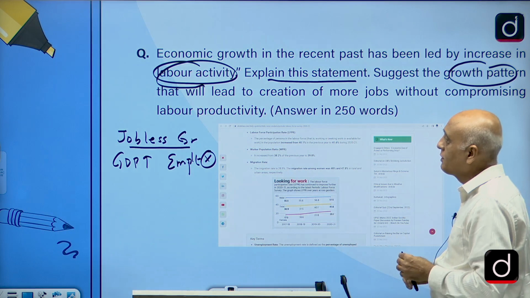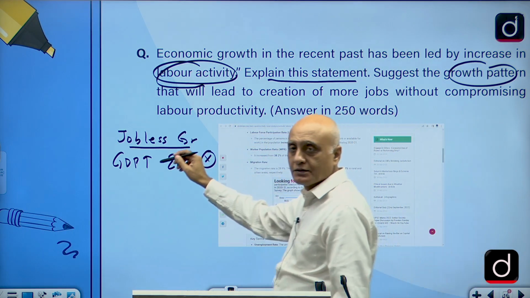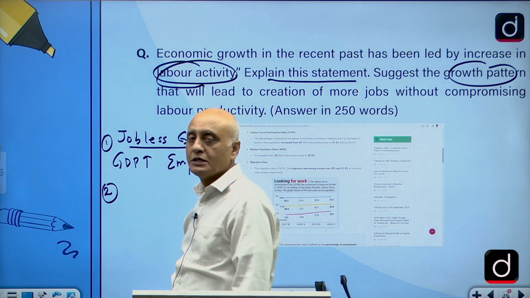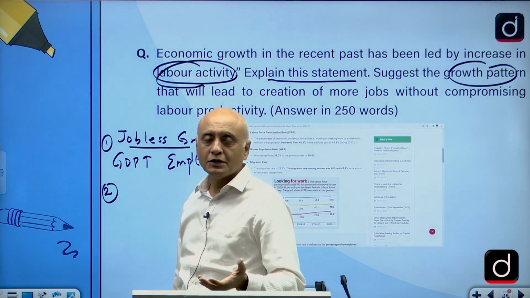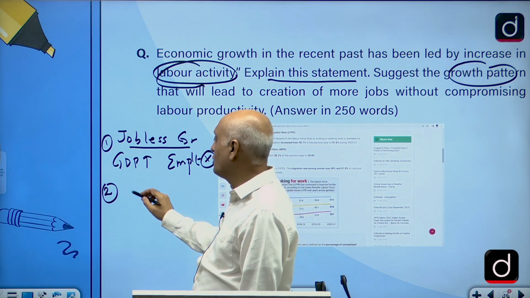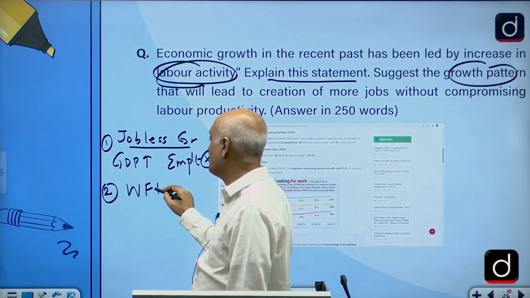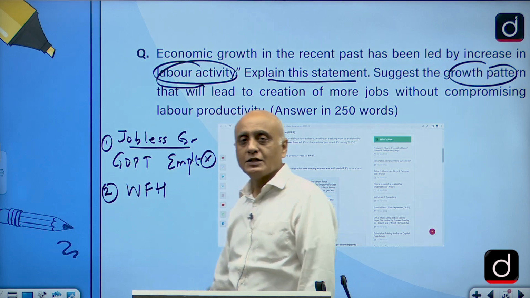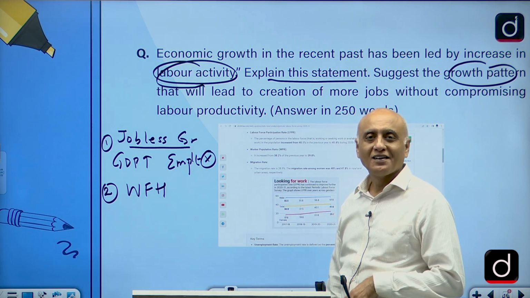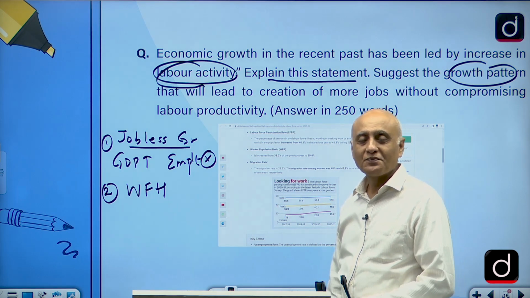So what you have to explain is this. Number one, that growth in India has been jobless, which means that we are not having more people to work, we are taking more work from the same people. And in COVID time also you have seen work from home opportunity was another way of taking more work from a person. You get my point or not?